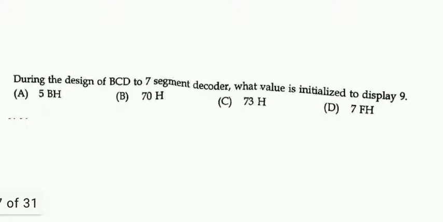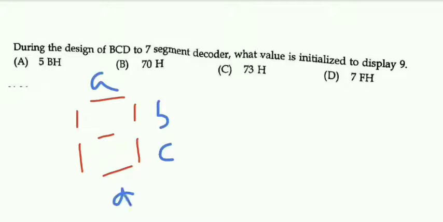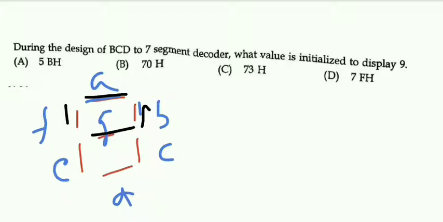Next, during the design of a BCD to 7-segment decoder, what value is initialized to display number 9? So first we write number 9 in 7-segment form. Let me label the segments A, B, C, D, E, F, G. For number 9, these should be active, this one is not active.